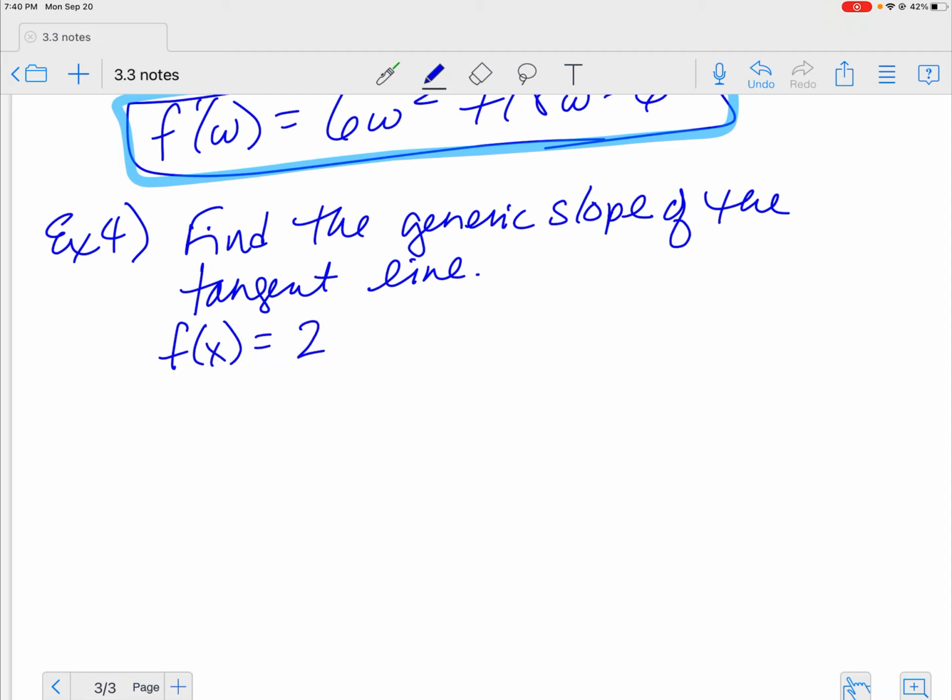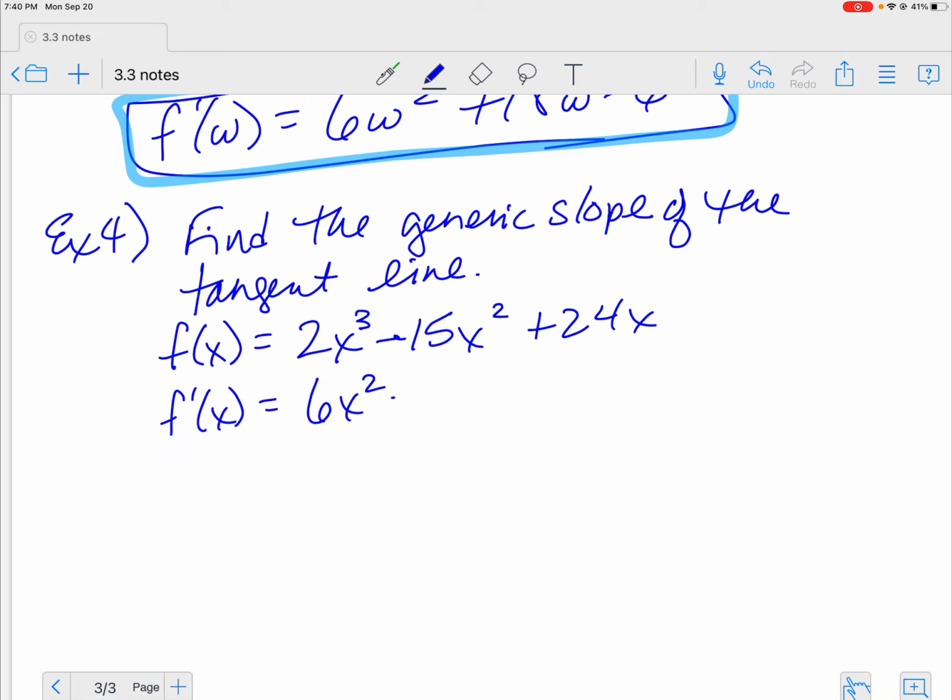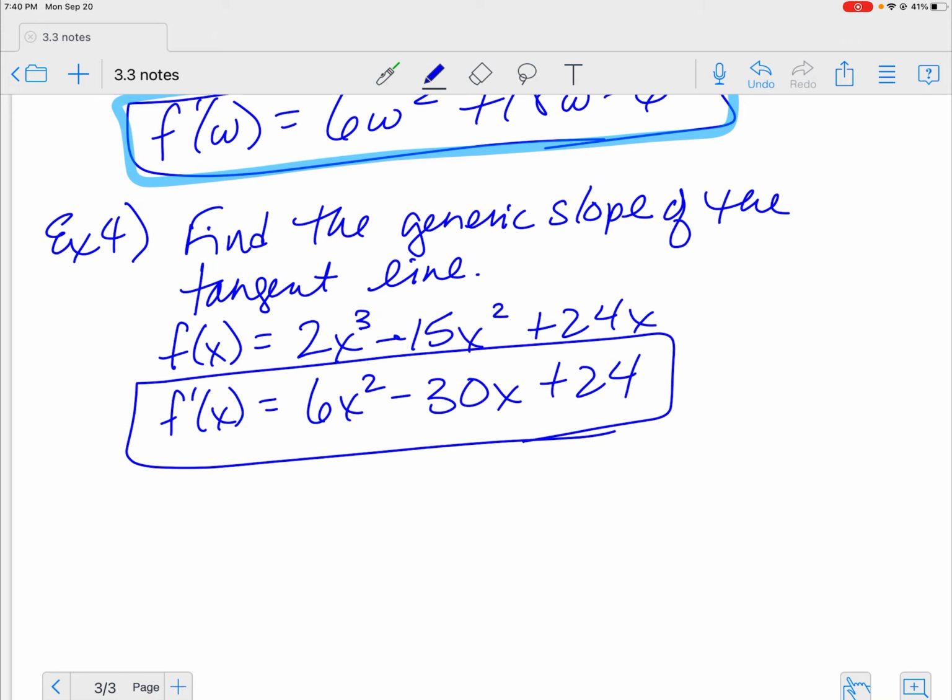Here's my function: 2x cubed minus 15x squared plus 24x. What is my derivative? 6x squared minus 30x plus 24. That just happened. It is so amazing, right?